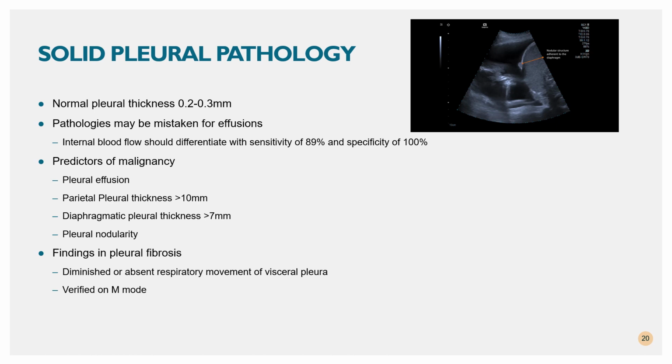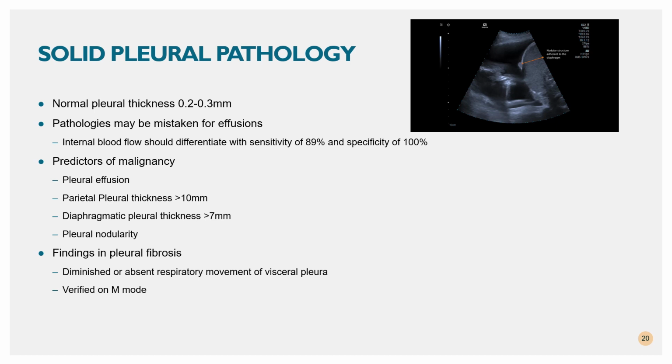And again, as I mentioned, in differentiating an abscess from a mass, abscesses will have that peripheral increased blood flow, whereas your masses are going to need the nourishment, so they're going to have internal blood flow. So if we find internal blood flow in an area of concern, that's going to differentiate with a sensitivity of about 89% and specificity of about 100% that this is a pleural pathology or some type of mass.